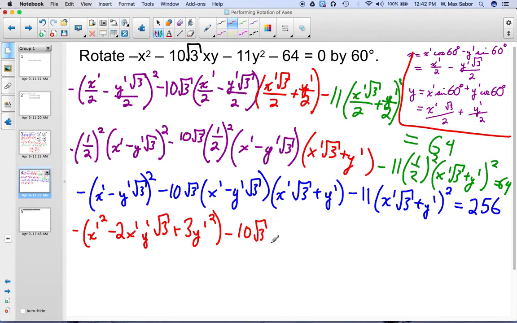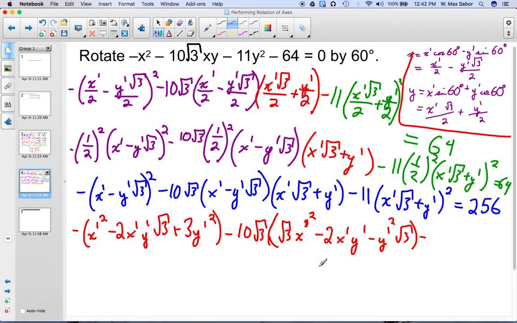10 square root of 3 times. When we multiply these out, we get square root of 3 x prime squared. We're going to have negative 3 plus 1, which is negative 2 x prime y prime. Y prime squared is 3, and y prime is negative y prime squared square root of 3.